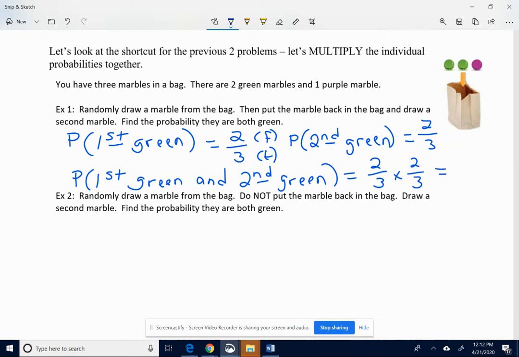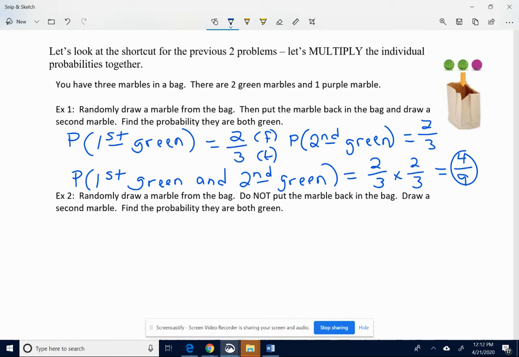Multiply the numerators, 4. Multiply the denominators, 3 times 3, 9. And that doesn't reduce. 4/9. Does that sound familiar? That's the answer we got when we did this problem with the sample space.